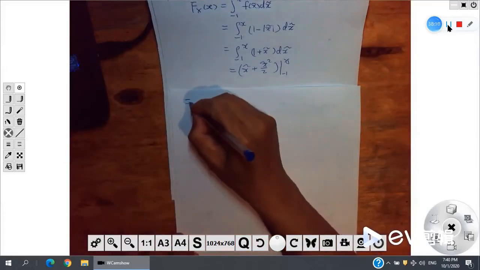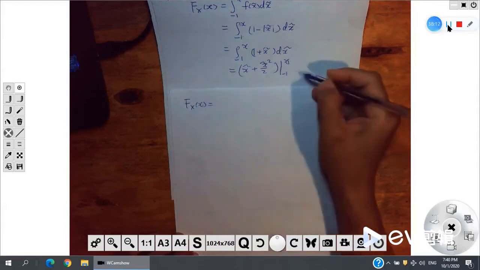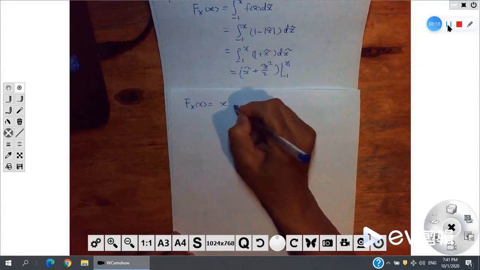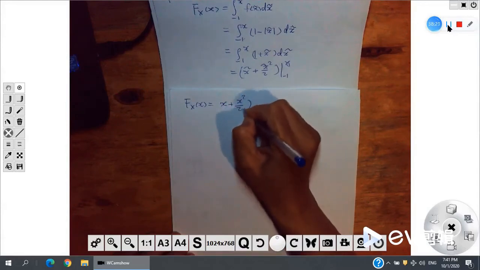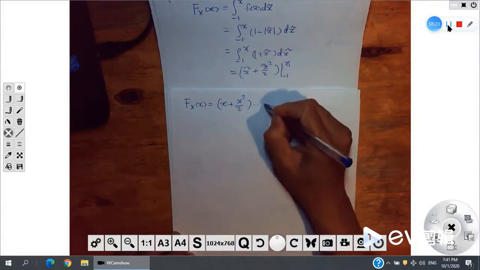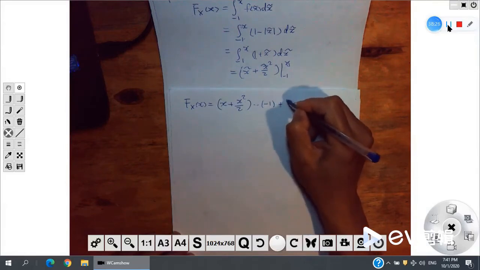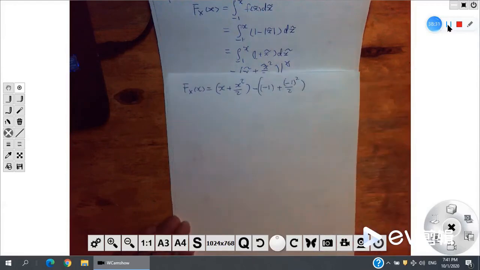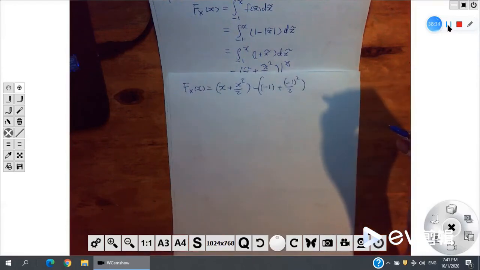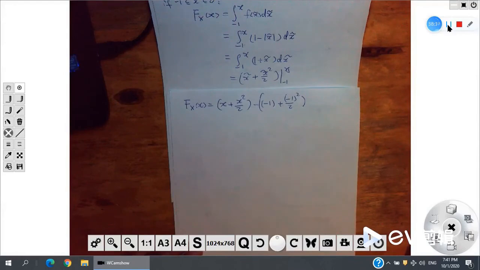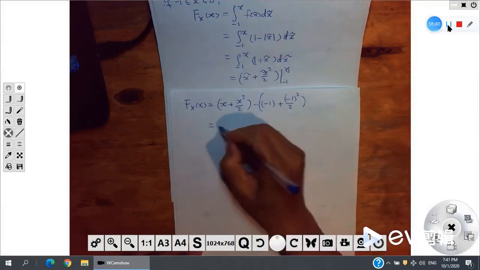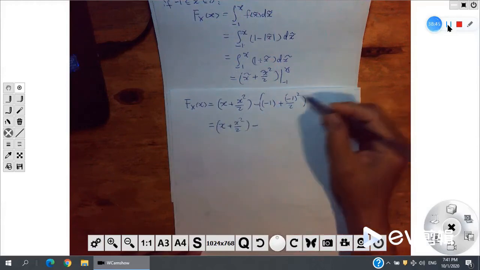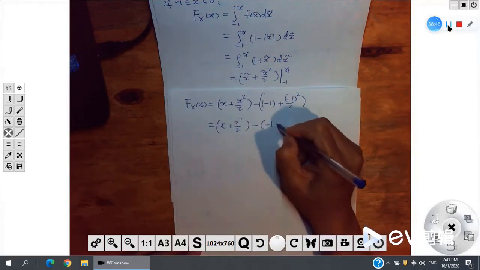So we have F of x equal to x tilde. X tilde is just x, so it's x plus x squared over 2 minus negative 1 plus negative 1 squared over 2, right? So what is this? It's x plus x squared over 2 minus, I need to plug in, negative 1 plus 1/2.